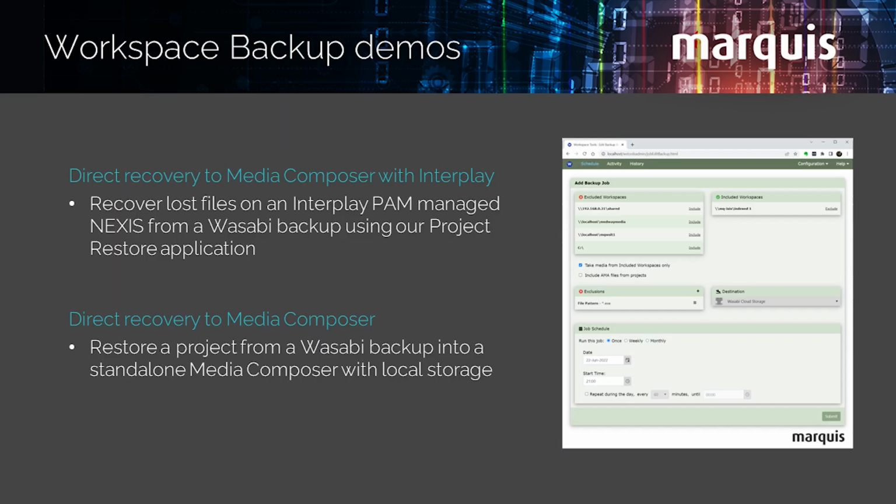So for the demos, the first one will bring back lost files into an Interplay PAM managed Nexus, coming from an S3 object storage using the project restore application. And then we'll also show the restoration of a project from that S3 backup to a completely standalone Media Composer with local storage, and bring it back as a new project.